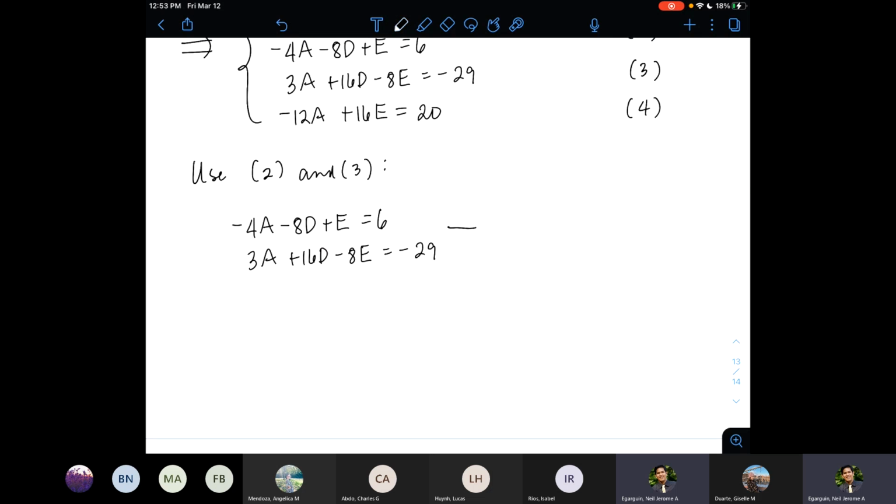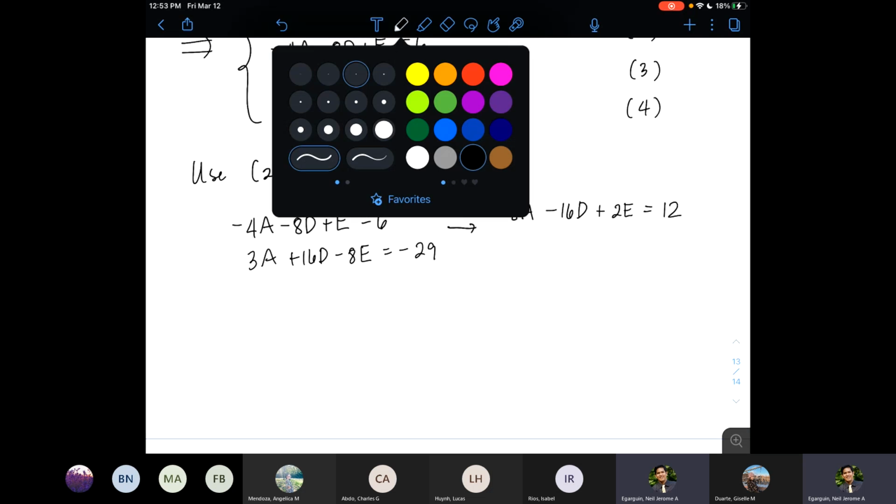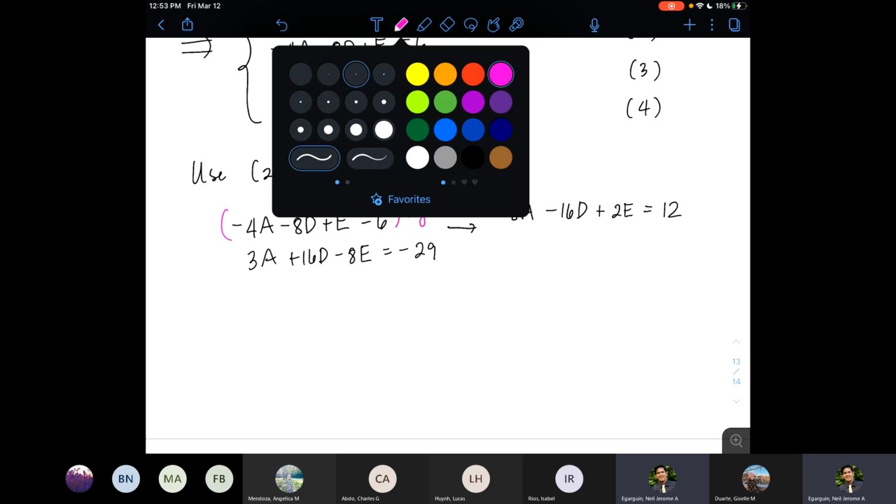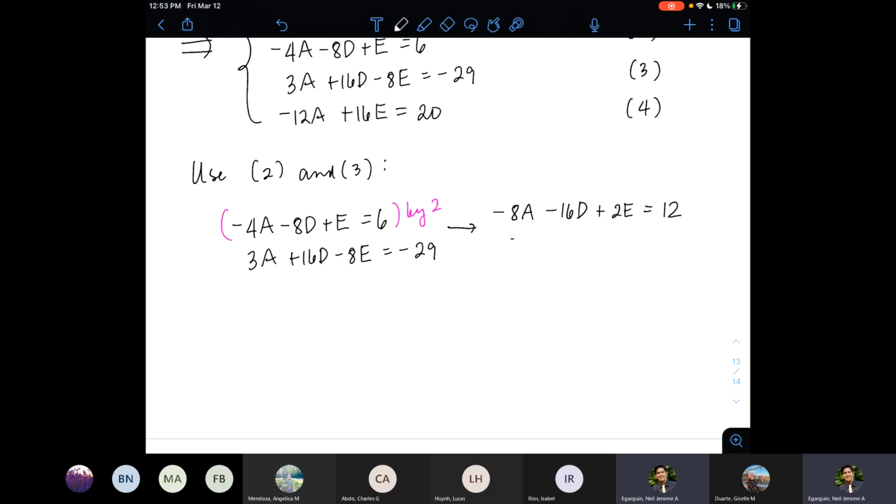So basically, this is solving equations by elimination, right? So I multiply the first by 2, so I have -8a minus 16d plus 2e equals 12, right? So basically what I did here is to multiply by 2. And then I'll just copy the second equation, 3a plus 16d minus 8e equals -29.